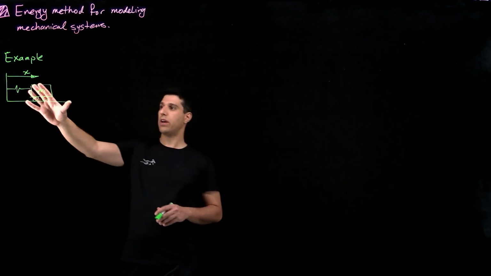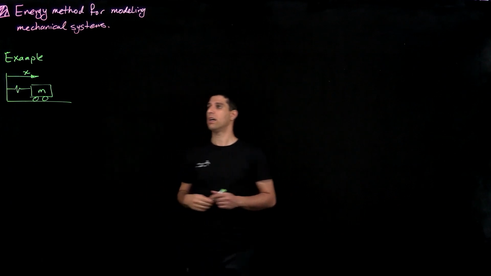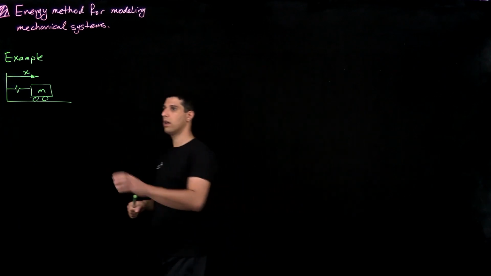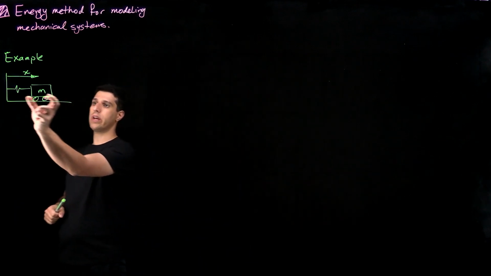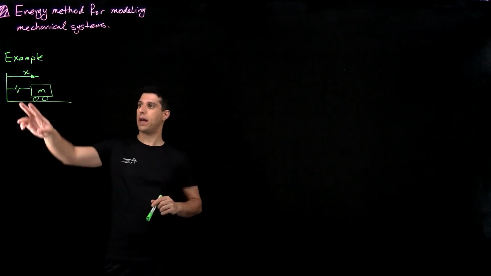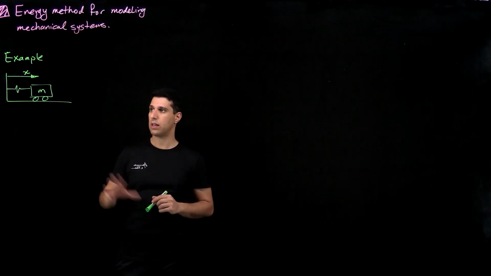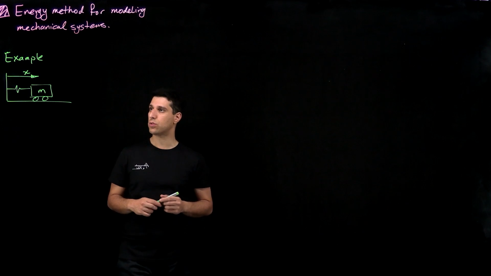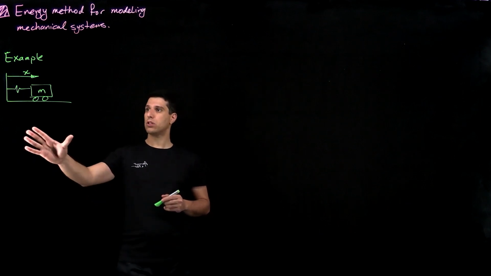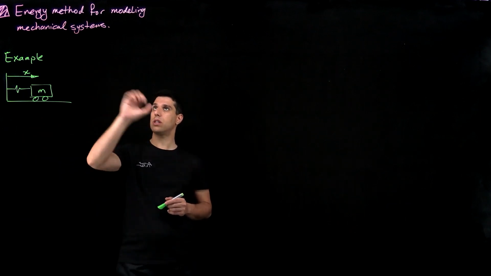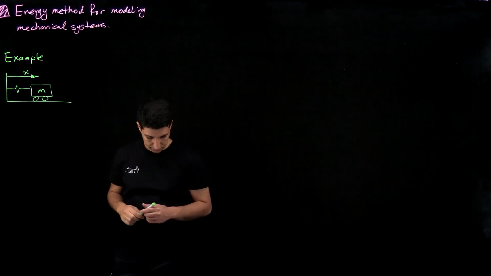So here I have again a very basic example of a mass moving horizontally, and there is a spring with a resting length equal to 0. We want to solve the system using the energy method.